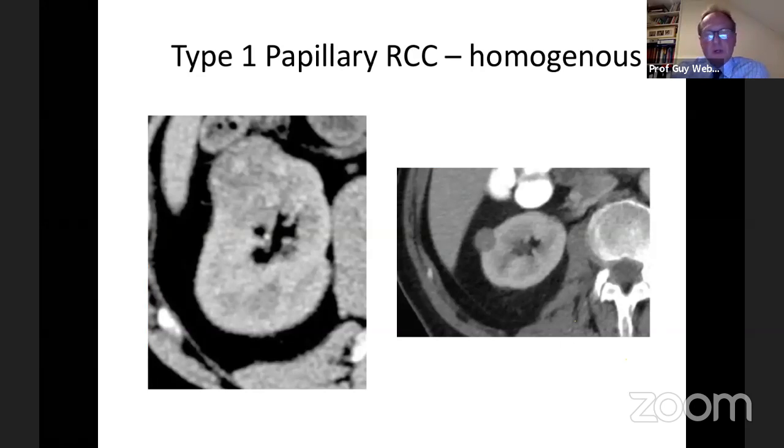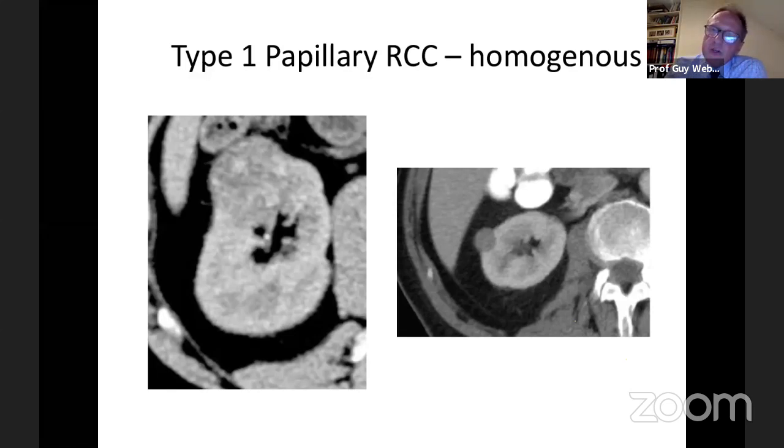This is important because the papillary tumours often have a different appearance on CT, more homogenous. That's the one on the right. Whereas on the left, you've got the heterogeneous abnormality, a bit more like the renal parenchyma, a clear cell on the left and a papillary on the right.